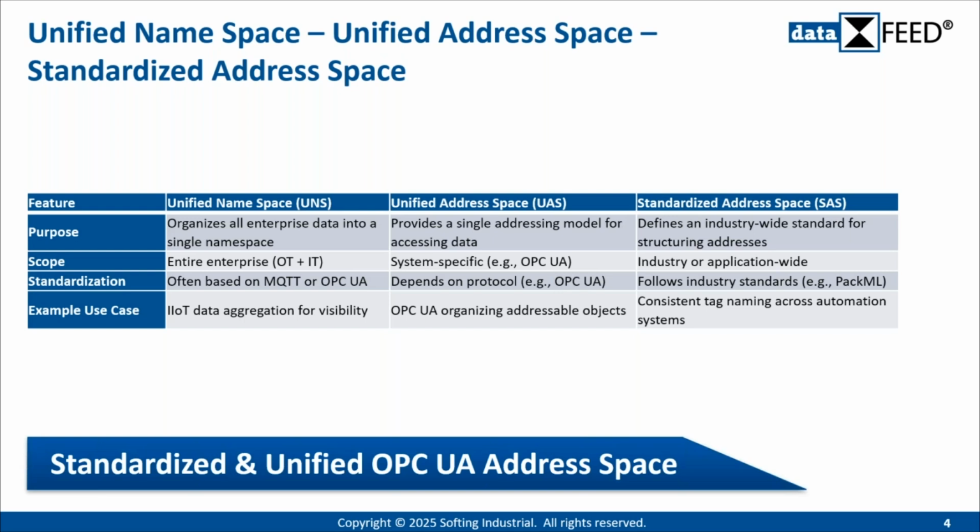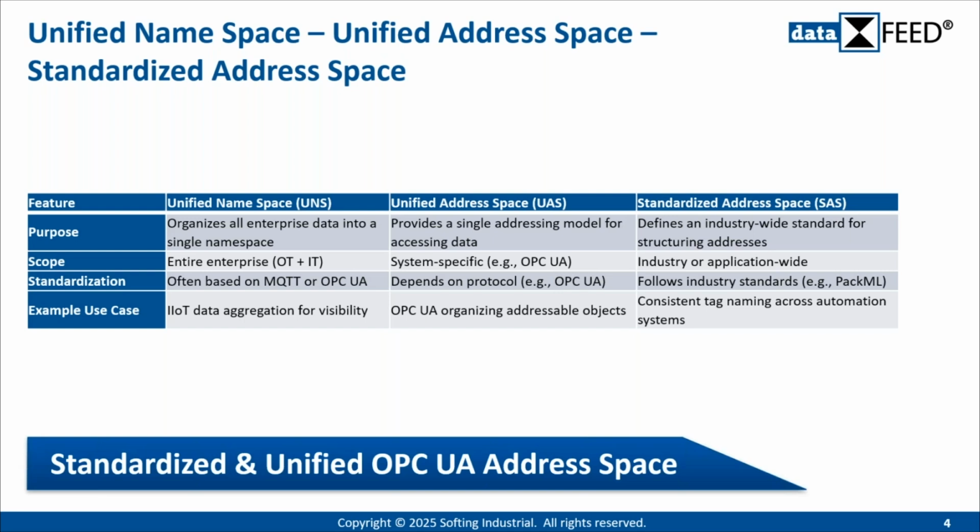And the unified address space can have a basis on different protocols. My example today is OPC UA and follows industry standards like PackML, which is a companion standard of the OPC UA Foundation. It shows everything is related to UA in this case.